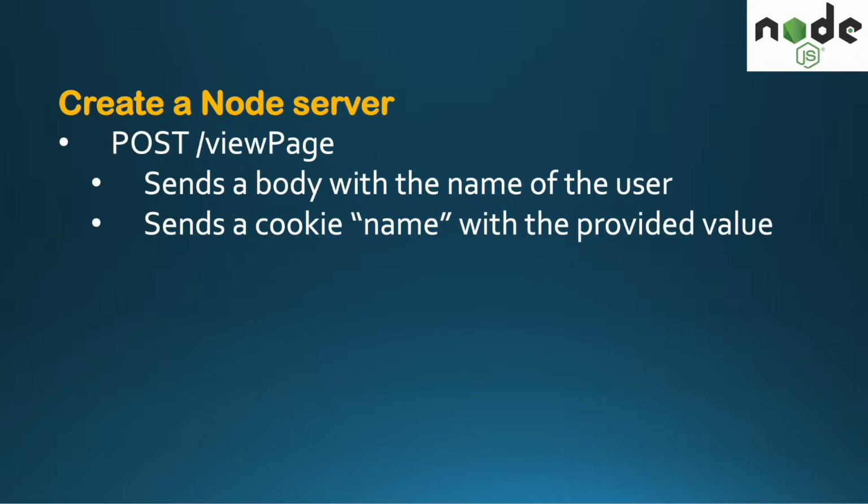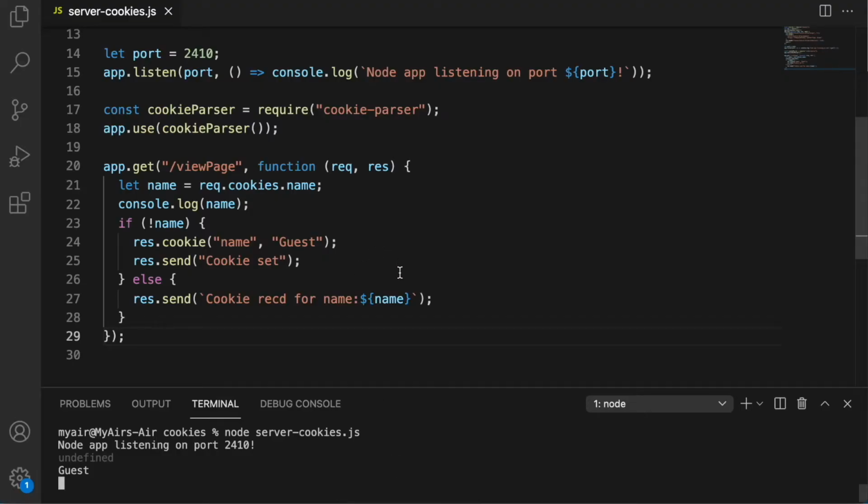Next, what do we want to do? Post /view page sends a body with the name of the user and sends a cookie name with the provided value. So we will define a post /view page with the body having name and the name of the user, and we will send a cookie with that specified value. Let's do that.